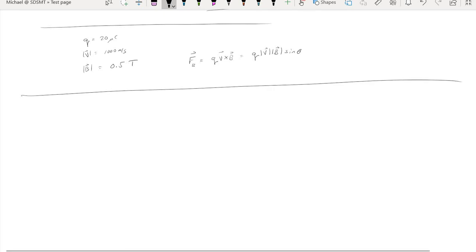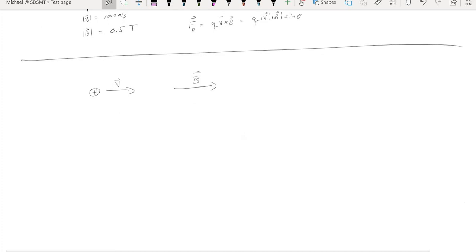Our charge of 20 microcoulombs, I will, in every situation, have that charge moving to the right. But I will have that charge moving through magnetic fields of different orientations. And so the first magnetic field that this charge moves through will be pointed in the same direction as what the charge is traveling.